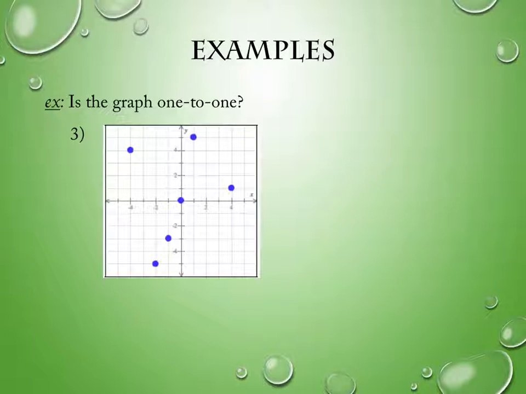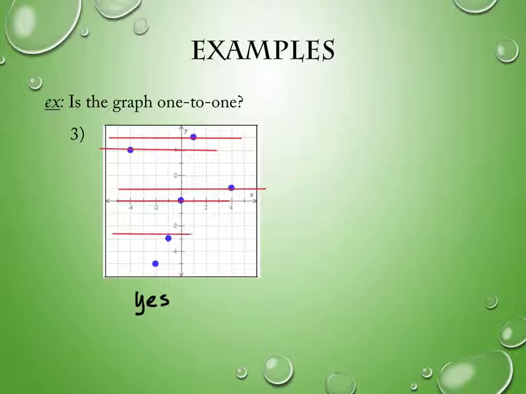Yes, it is. Every horizontal line that I draw that crosses will cross only once. Right? I hit all my points specifically, but you have the idea, yeah?